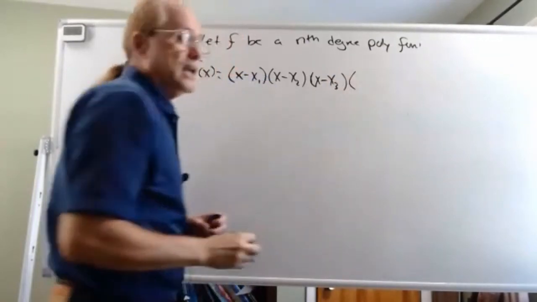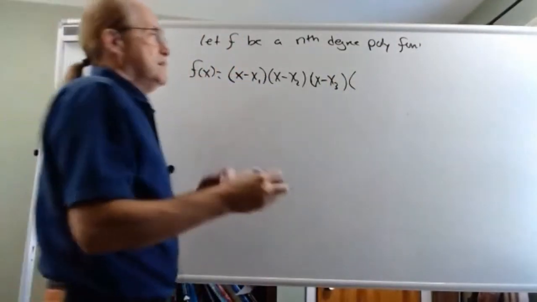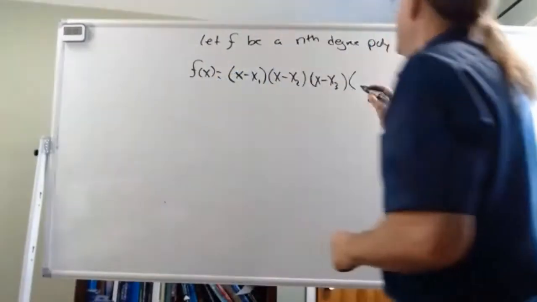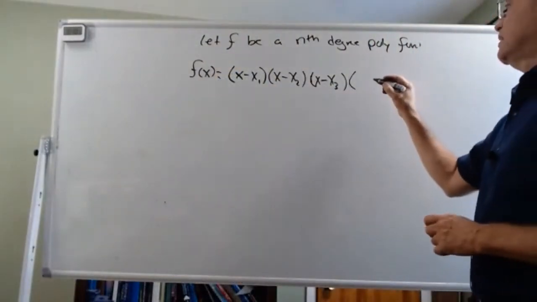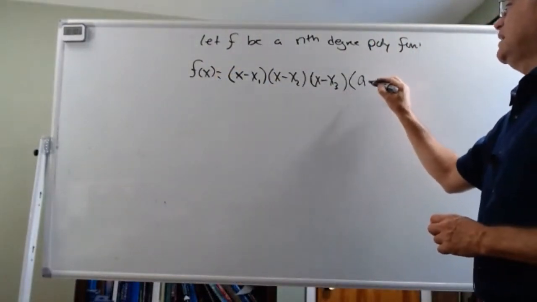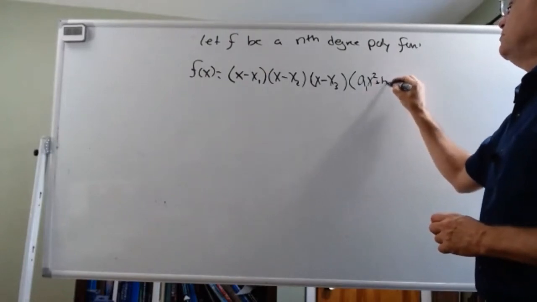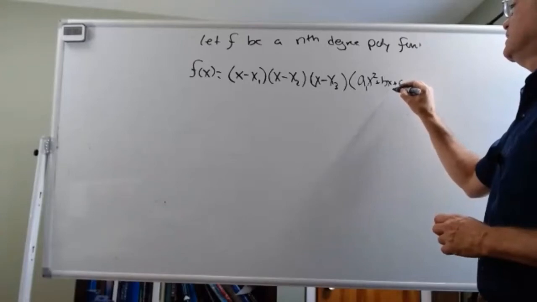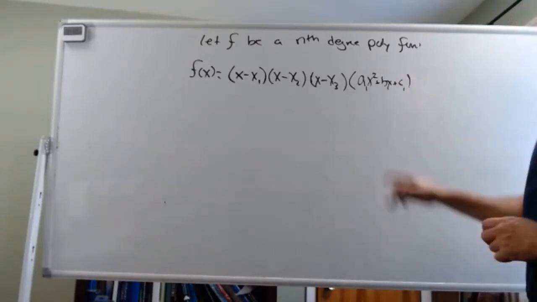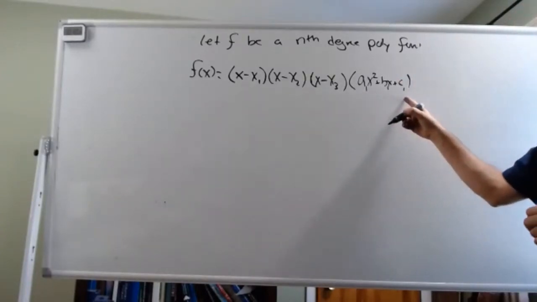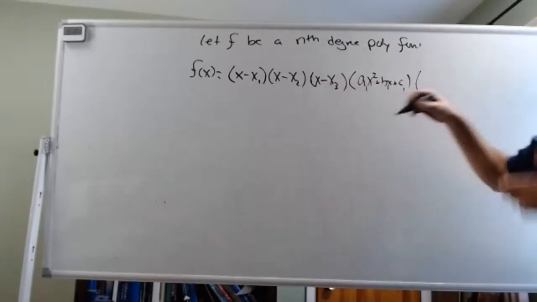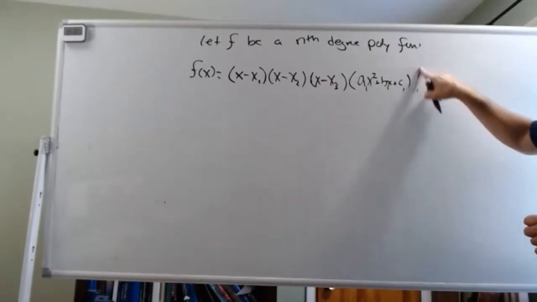I might have in there a few of these irreducible quadratics. So over here, you might have a1 x squared plus b x plus c. That's an irreducible quadratic.